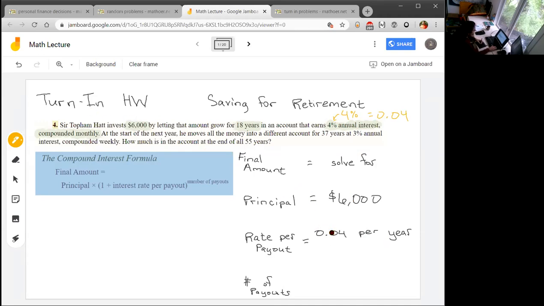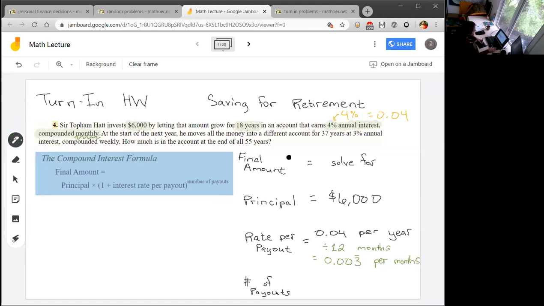When he gets his monthly bank statement, he only has to pay 1/12 of that. So because it's compounded monthly, we're going to divide that into 12 portions. So 0.04 divided by 12, 0.003 repeating. Now we have a per month rate, how much he's actually charged on his monthly bank statement.